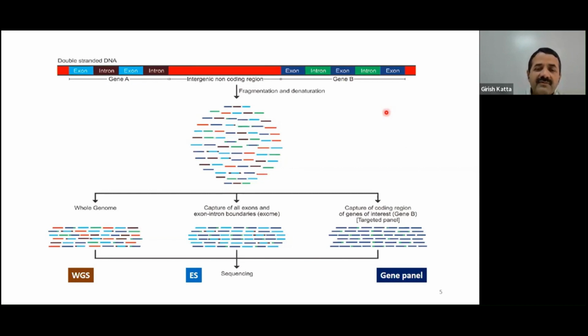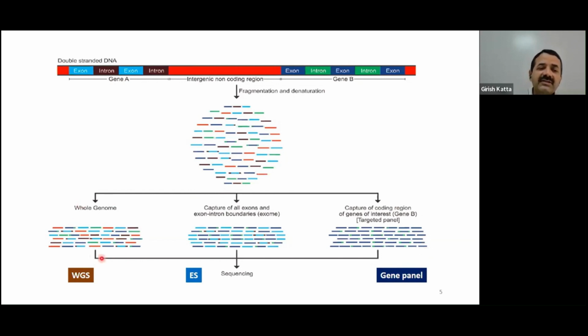So this is the overview of next generation sequencing and three common applications. Probably the most widely used application is exome sequencing, where we sequence almost all the 19,300 protein coding genes in our body, and a gene panel is only selected genes of relevance to the particular clinical condition.